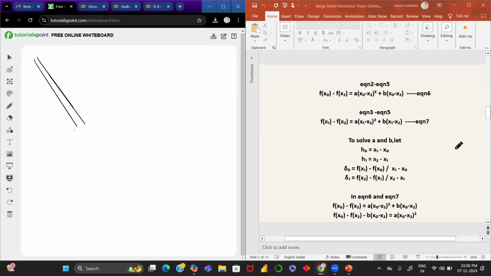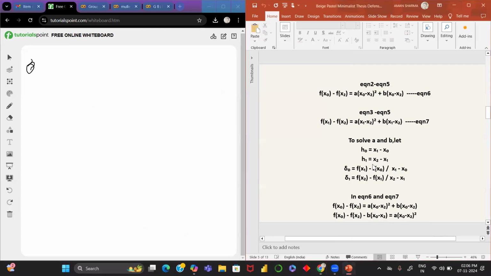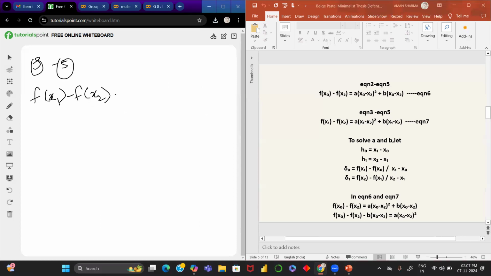And the next one is equation 3 minus 5, that is f(x1) - f(x2) = a(x1 - x2)^2 + b(x1 - x2).